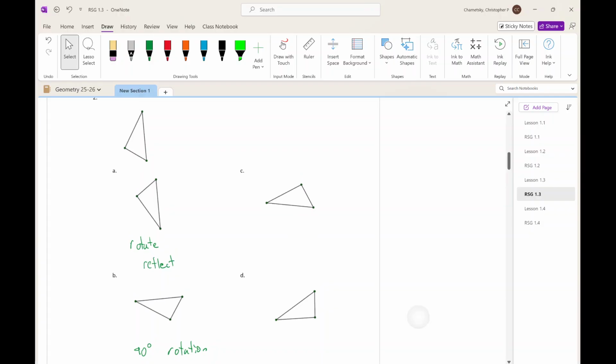For C, it looks like we can do a reflection.